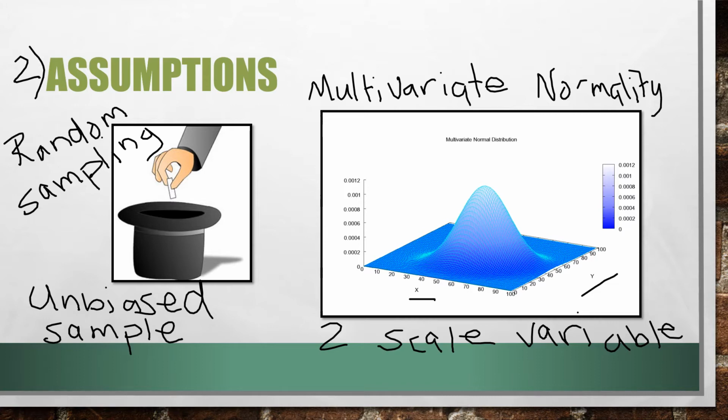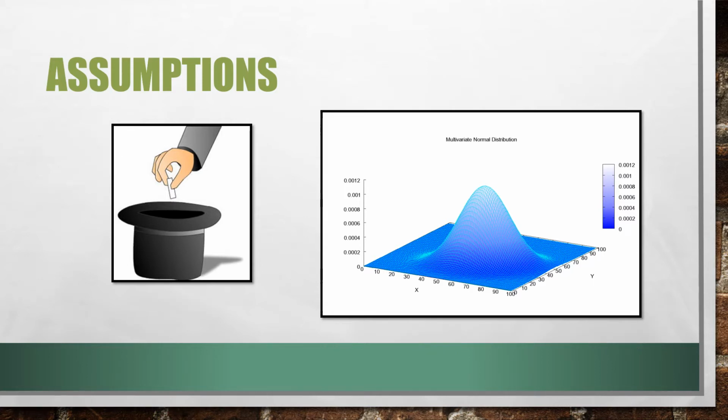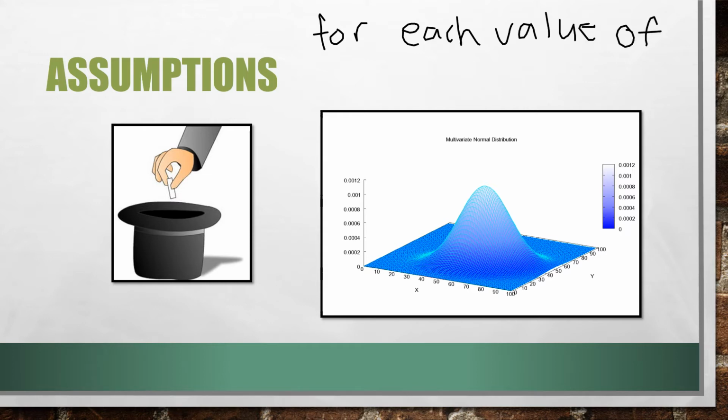So what that means is that for each value of x, y is normally distributed.